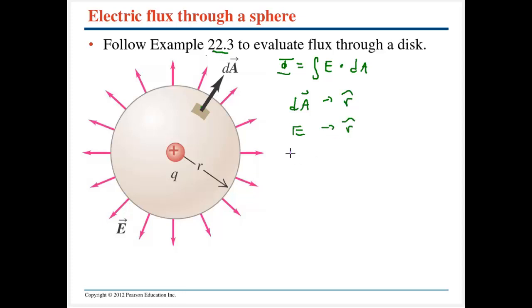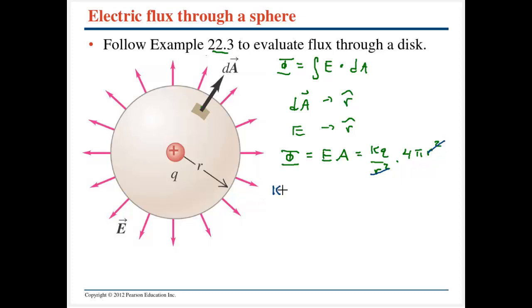So for a sphere, I can simply write that the flux is equal to the electric field multiplied by the area of a sphere, which is kq divided by r squared. The area of a sphere is 4 pi r squared, and these r squareds are going to cancel each other out.